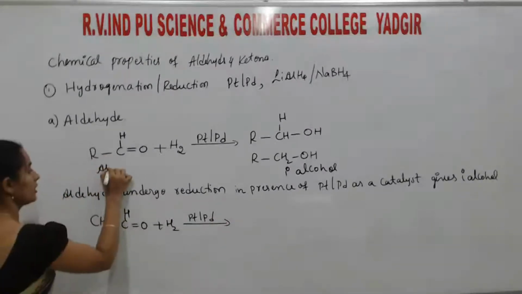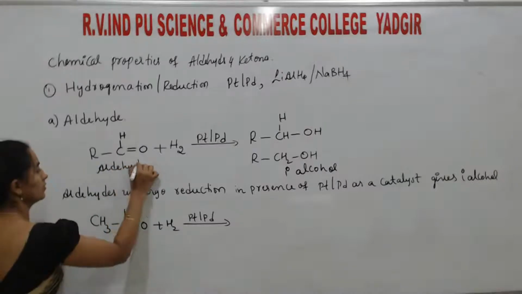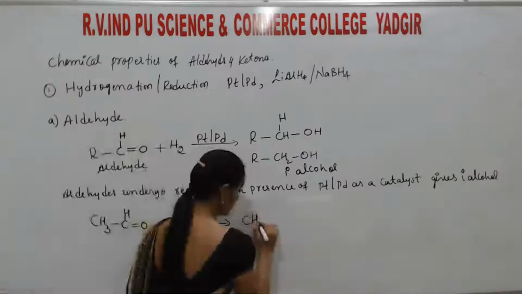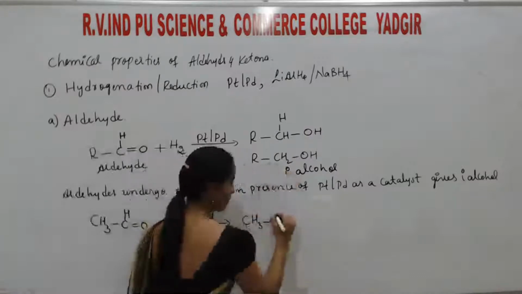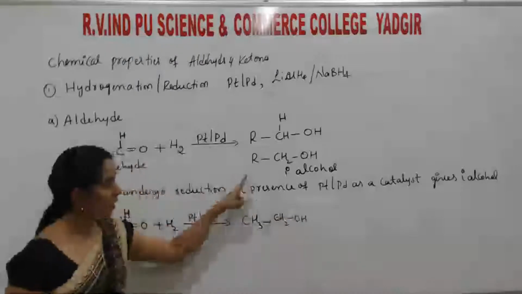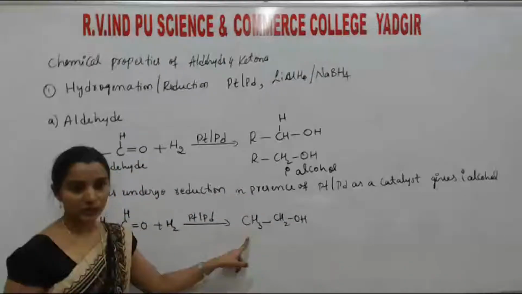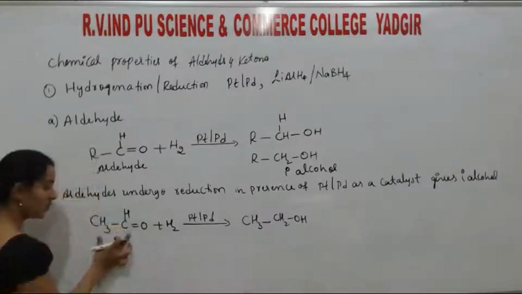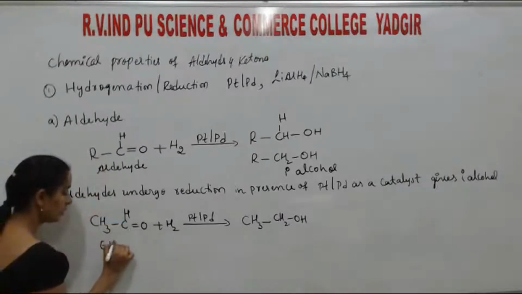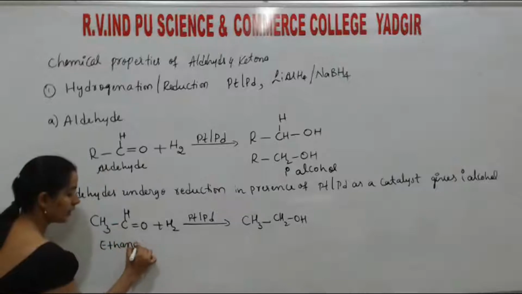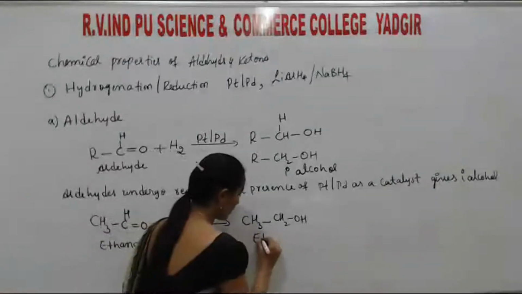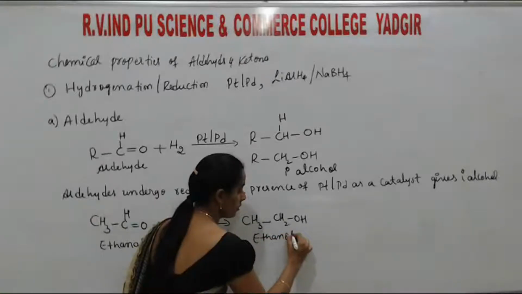This one is right here, aldehyde. Then the product formula is CH3 here, CH2 OH. Nothing is changed. The only change is that the R group is replaced with the respective group, that is CH3. So this one is ethanal, and this one is ethanol.